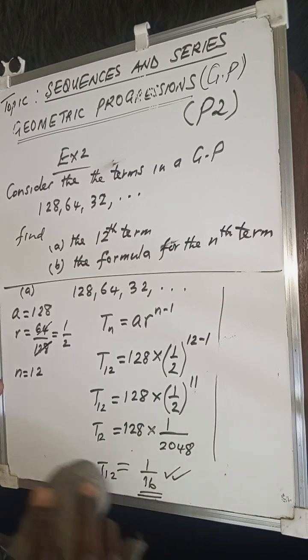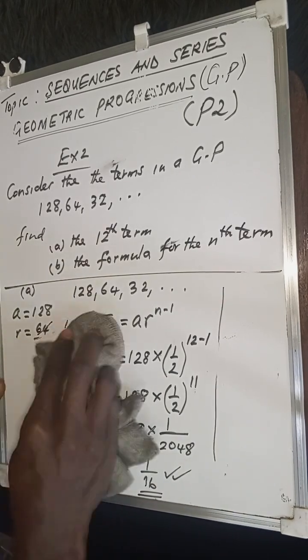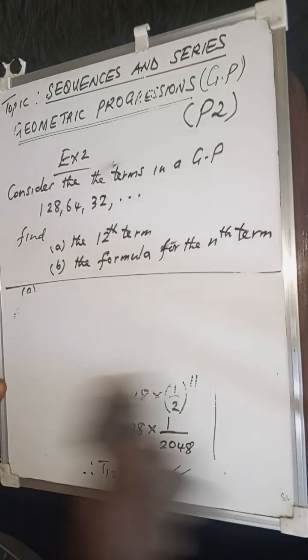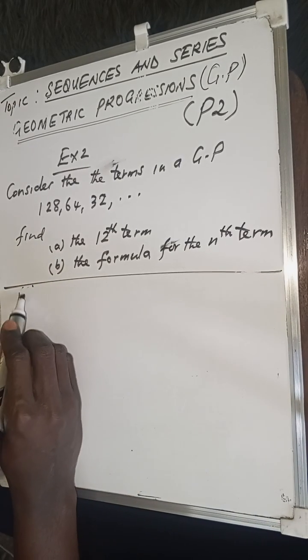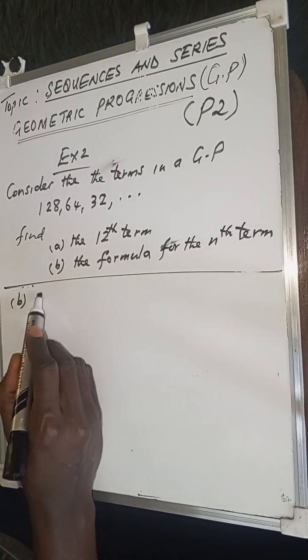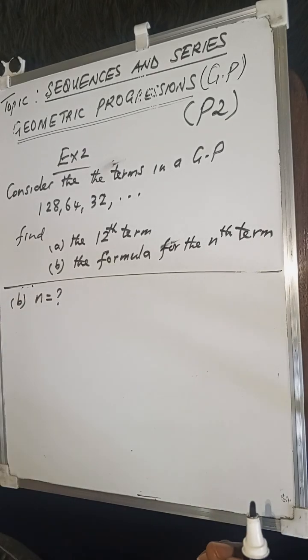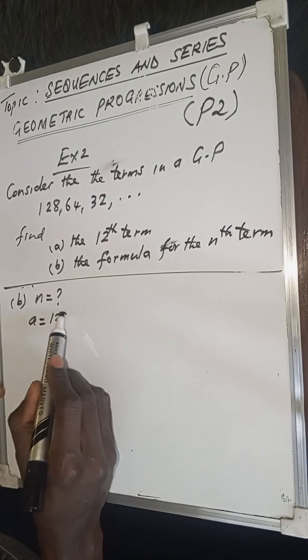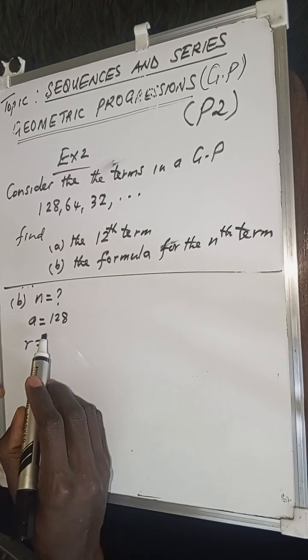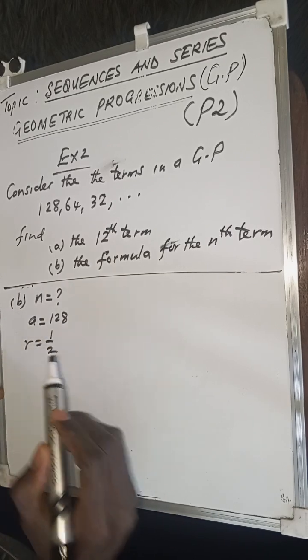Right, let's look at the B part. The B part there says the formula for the nth term. Remember what we said: when the question says the formula for the nth term, it simply means you do not know what your n is. It can be at any position. But your first term, yes, you know it's 128. Your common ratio there, we know it is 1 over 2.